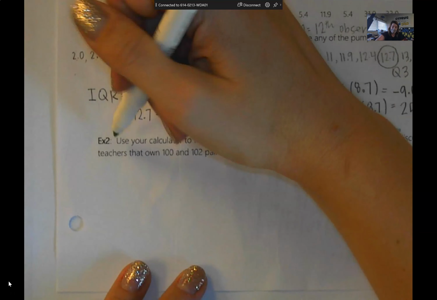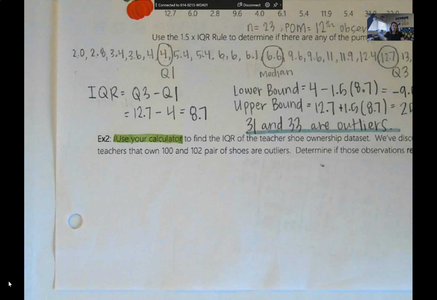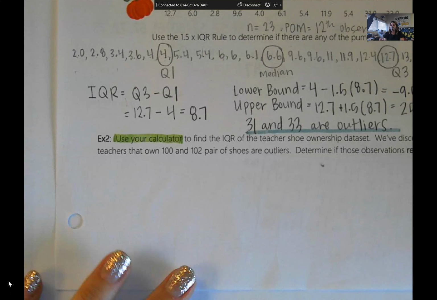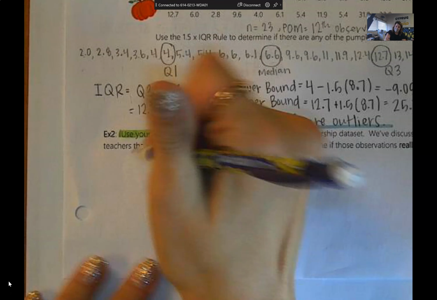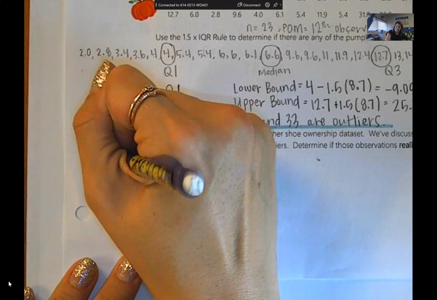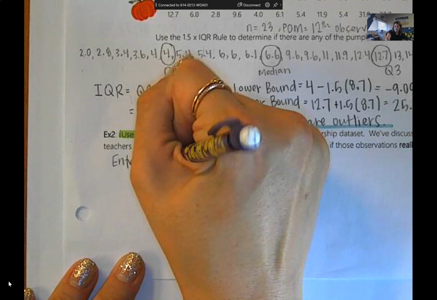There are a couple problems in your Can You Do That that say do it by hand. I'm going to give you the buttons and then I'm going to do it in my calculator. First you have to enter your data, which is why I had you do that previously.